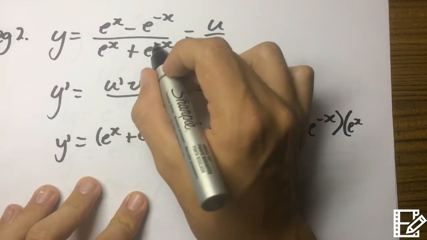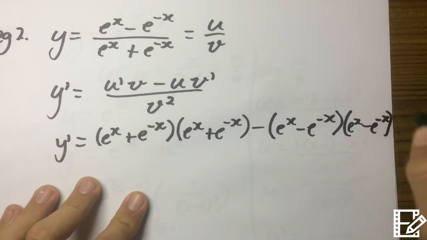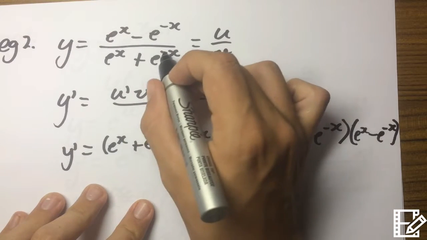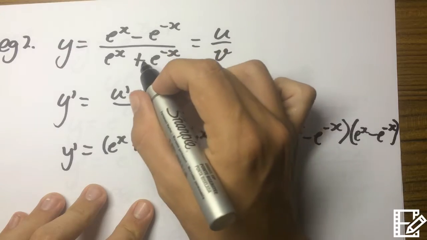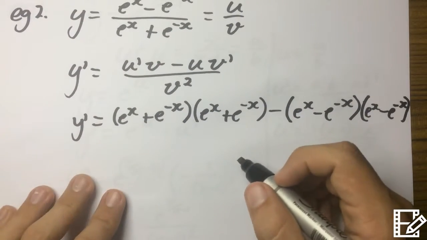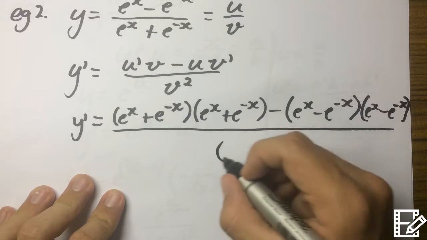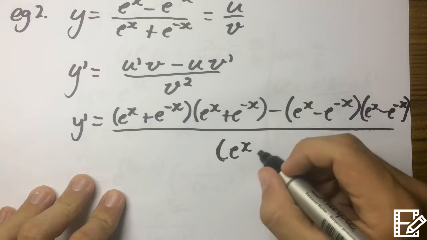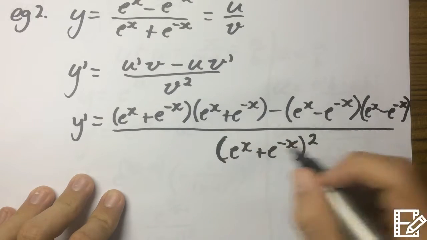Derivative of positive e to the -x becomes negative e to the -x, because when you derive this, everything stays the same, but the -1 from the power comes down. And it's all over v squared, which is e to the x plus e to the -x squared.